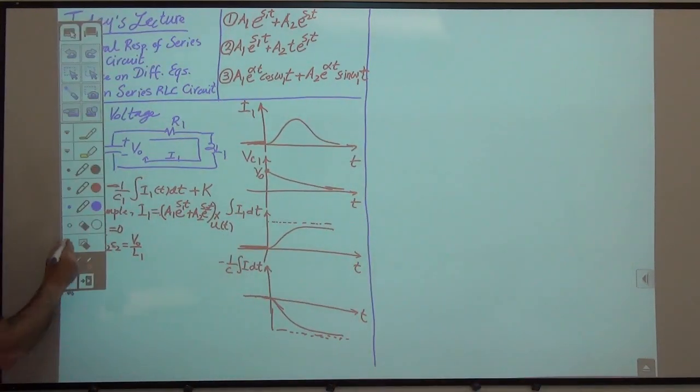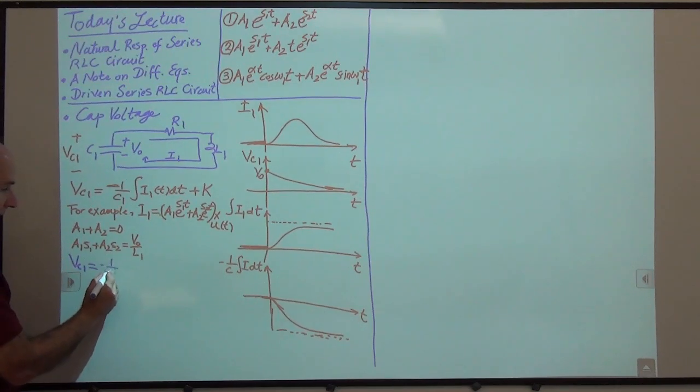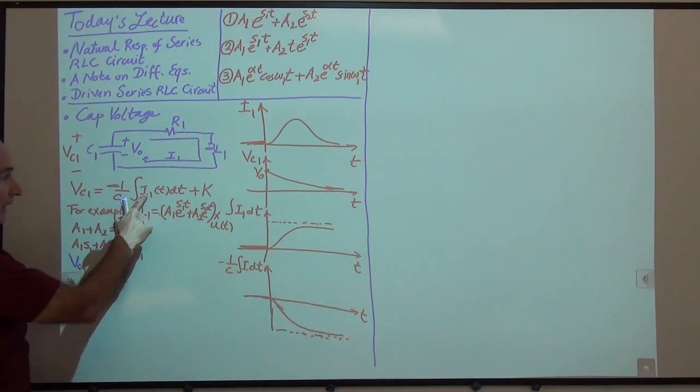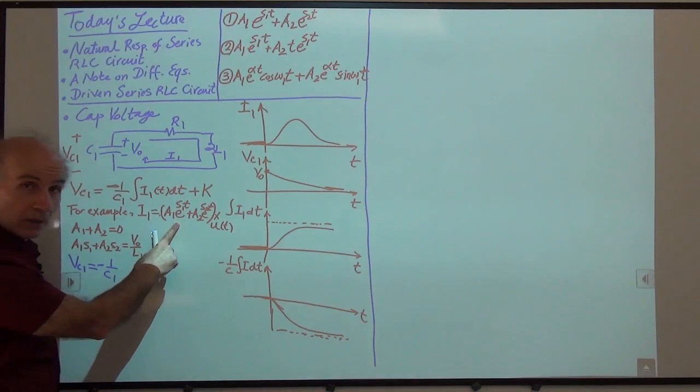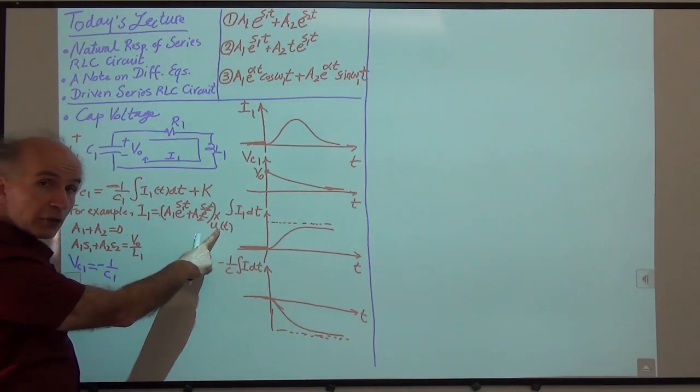So we'll say VC1 is equal to minus 1 over C1, and this integral, so the integral of this function here. Because we're integrating from 0 onward, this u of t goes out of the picture.